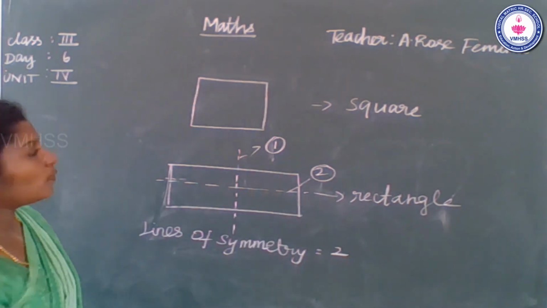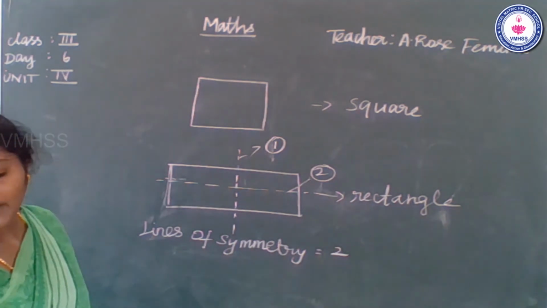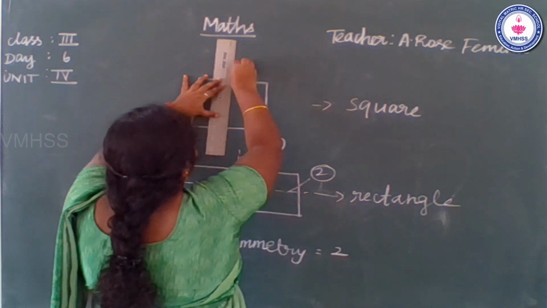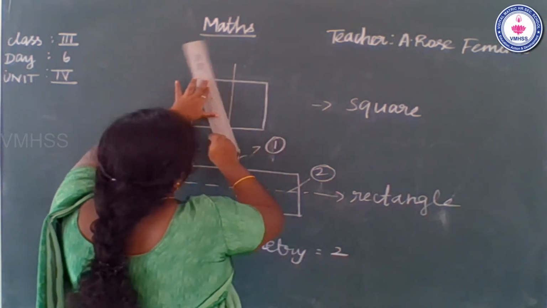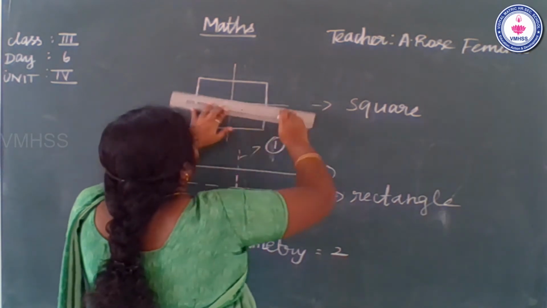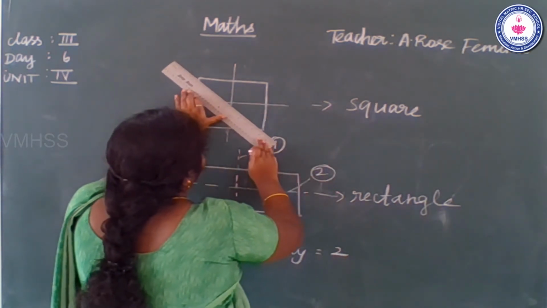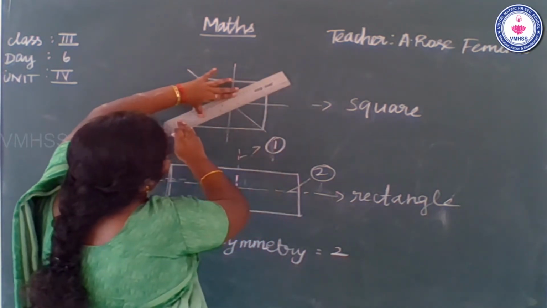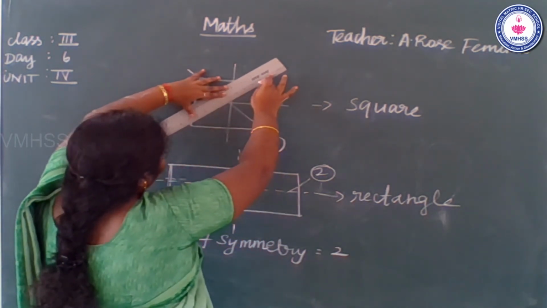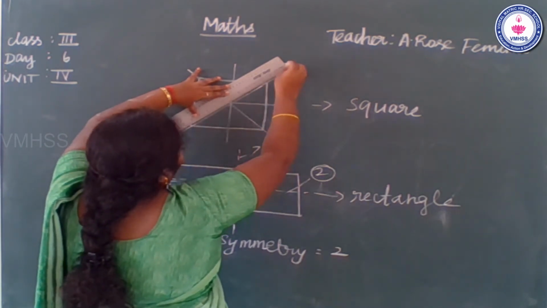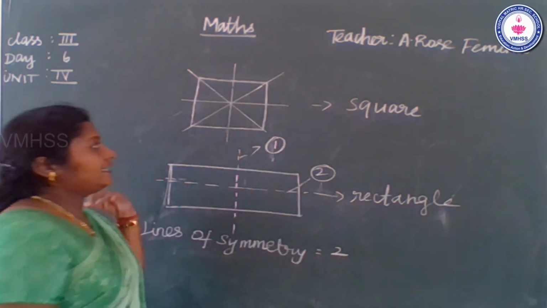What is the next one? Square. First divide: 1, 2, and the corners also divide: 3 and 4. How many lines of symmetry?